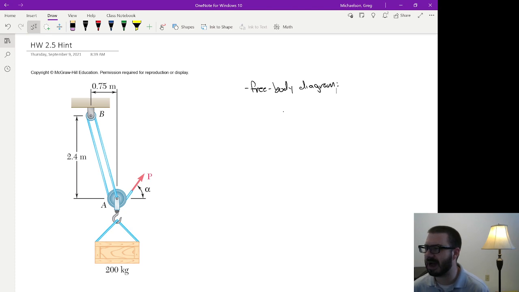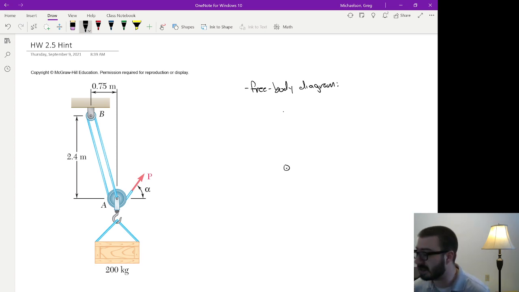Homework 2.5 hint. I am sure right off the bat, this problem looks scary. It's not. What I want to do is show you what's going on with the free body diagram. If you understand the free body diagram, you will understand everything that you need in order to assess this problem.